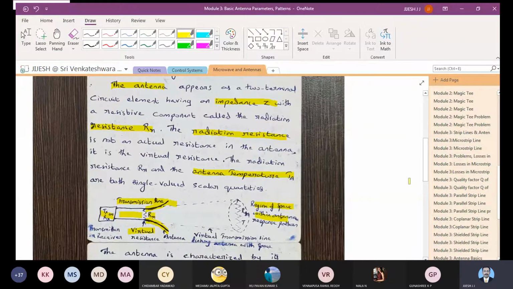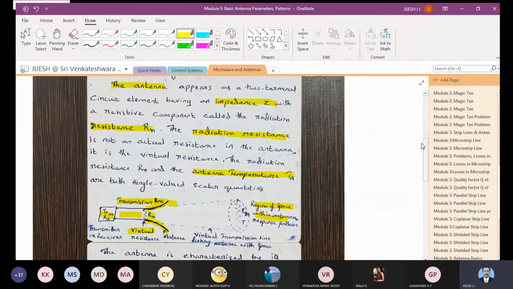You can note down these things. Once you complete it, let us go on further. Note down these few points.